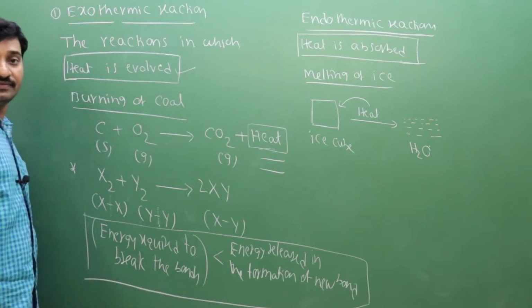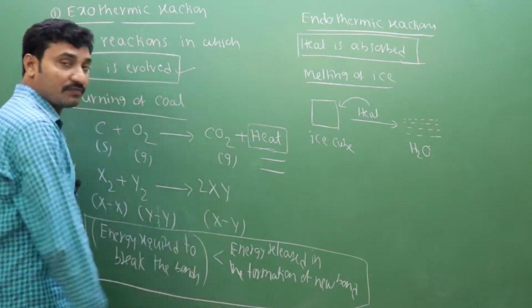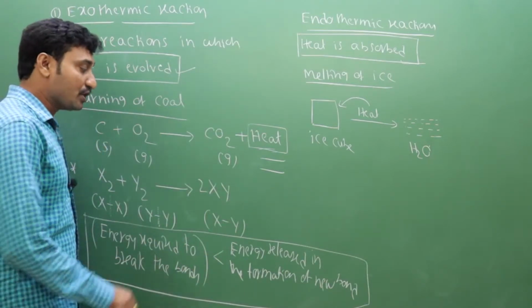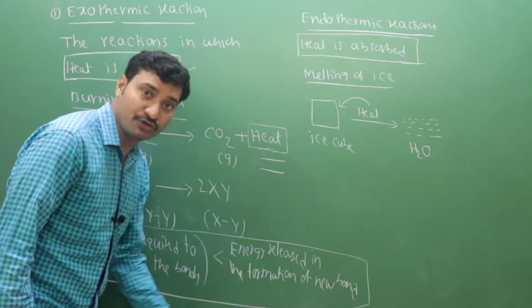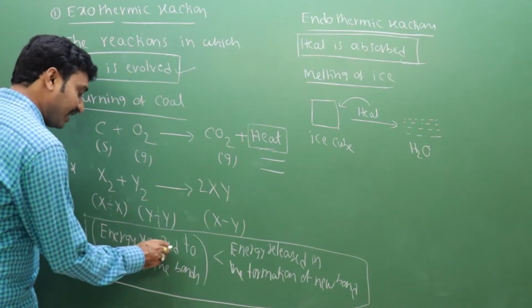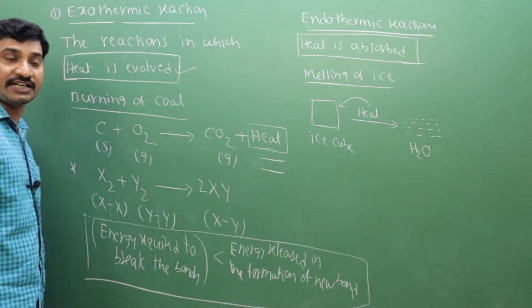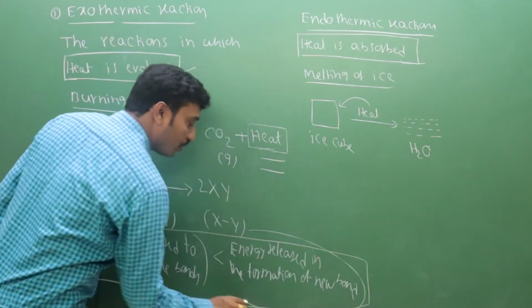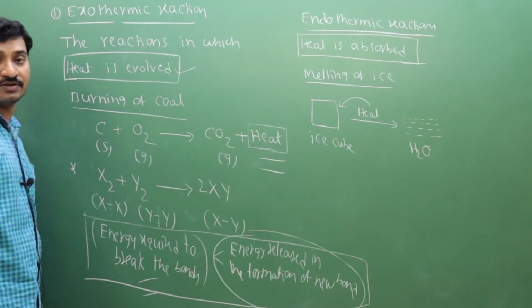That energy is less than the energy released when the new X bond Y is formed in the product. So the energy released in the formation of new bonds is more than the energy required to break the bonds in the reactants. Then an exothermic reaction takes place.